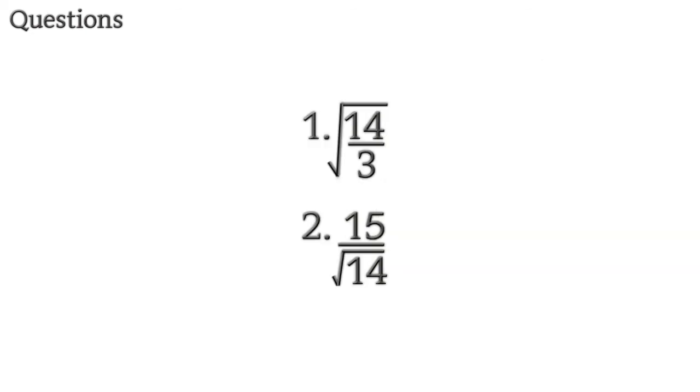So the answer is shown here, root 14 on 3 and 15 on root 14. Yeah, it's actually not that complicated, and this entire series on vectors really comes down to a lot of practice.